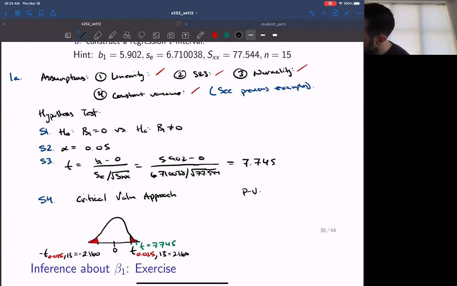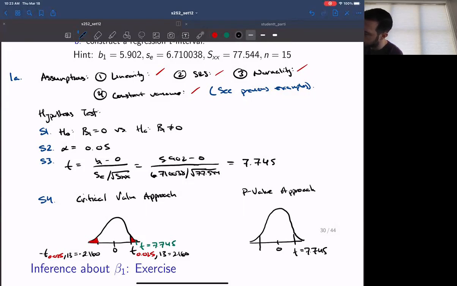If we take our p-value approach, we have t equals 7.745. It's a two-sided test, so we also consider negative t equals negative 7.745.